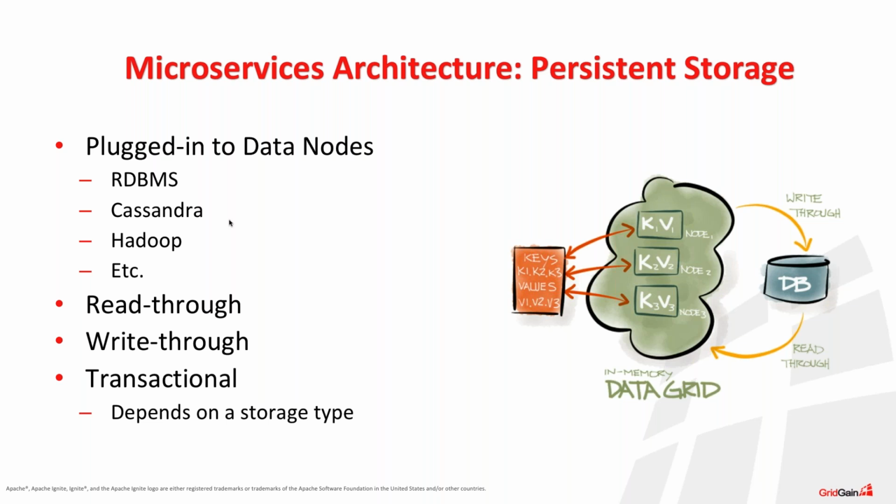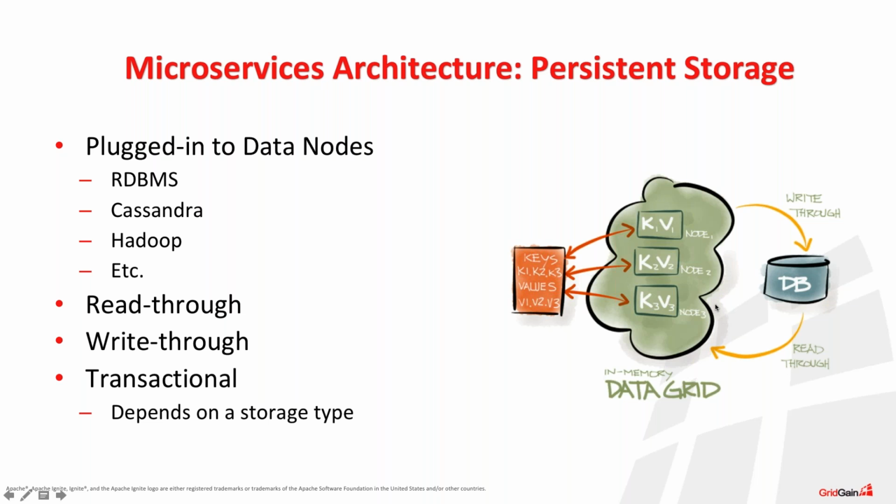And once the storage is enabled, it makes sense to activate read-through and write-through capabilities. So that, for instance, when a key, let's say key 1 with value v1, is updated on the data grid level, the Apache Ignite data grid will automatically propagate this update to your persistent storage, like a relational database.